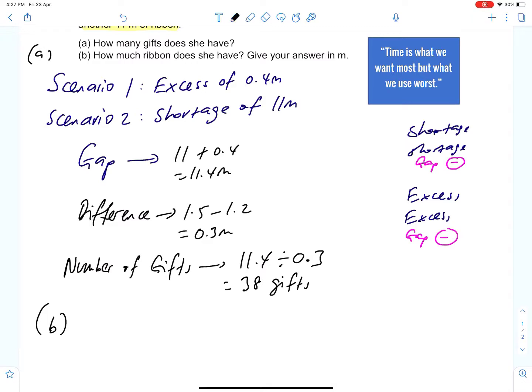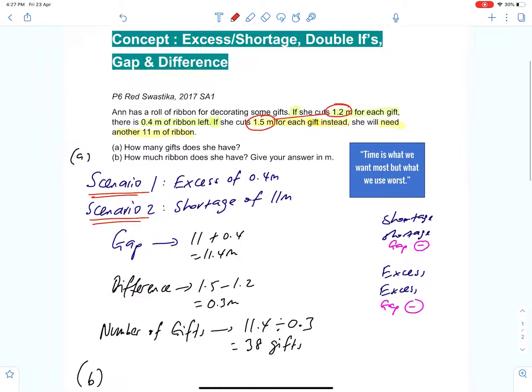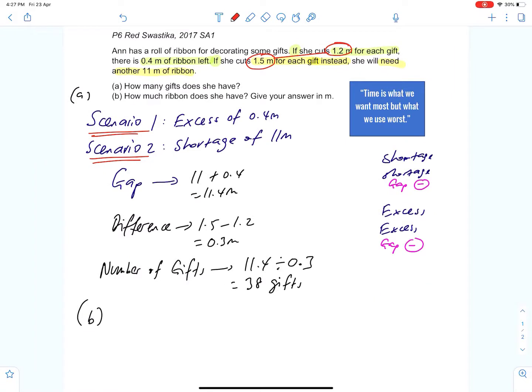Now for this, you can make use of either scenario 1 or scenario 2 to find your answer. If you use scenario 1 to find your answer, use scenario 2 to check your answer. Let's use scenario 1 to find the length of ribbon this person has. If she cuts 1.2 meters for each gift, there is 0.4 meters of ribbon left.